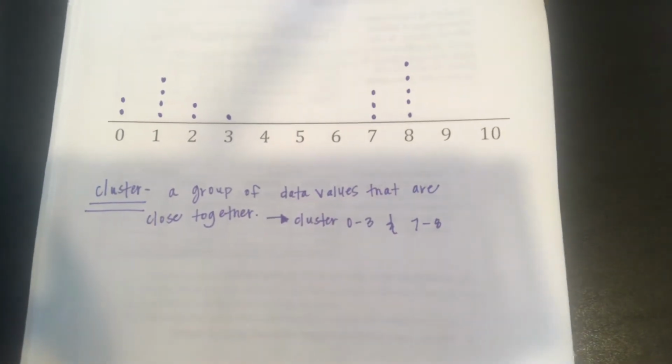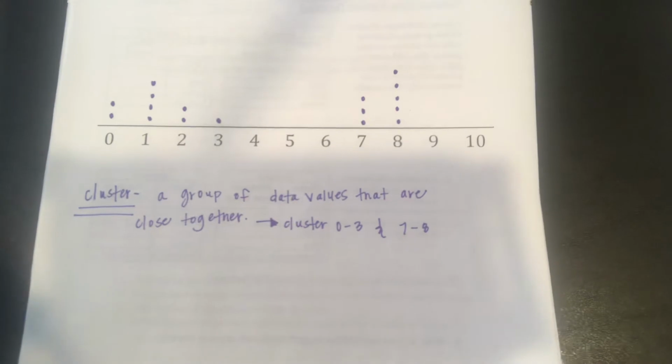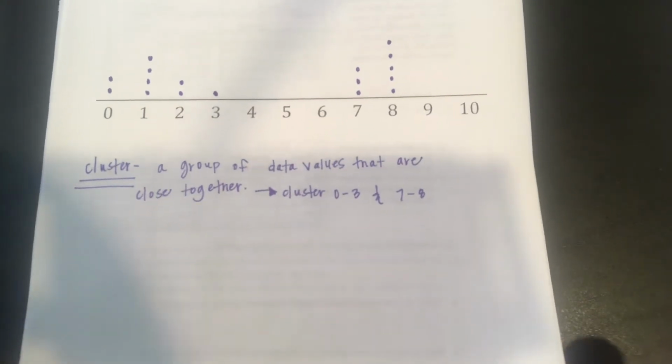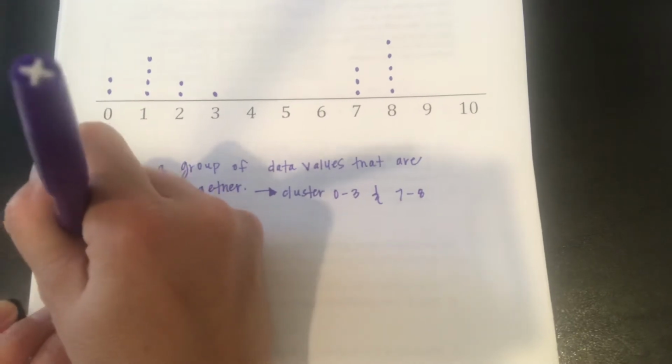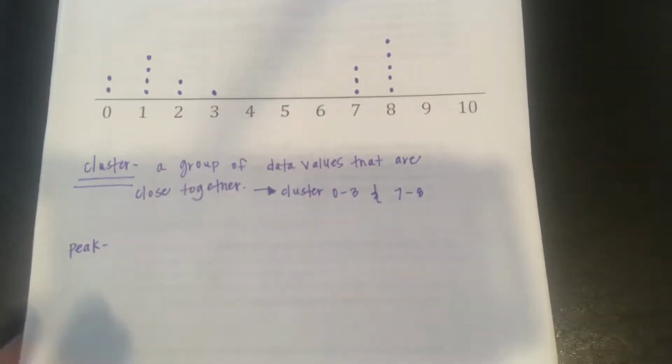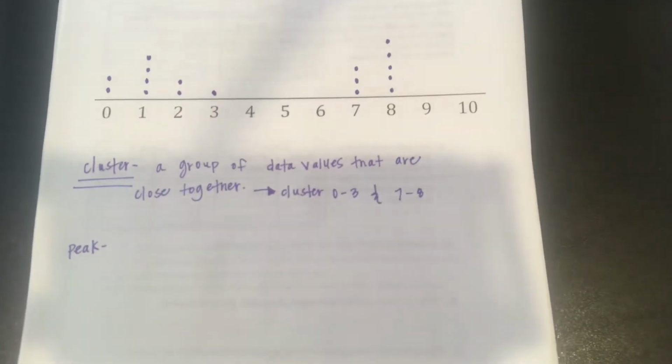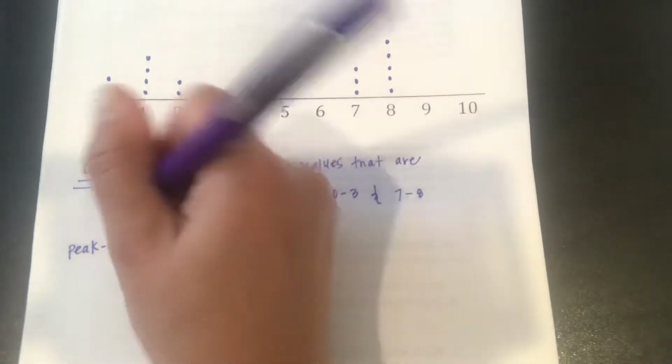We're going to go through and talk about peaks. So I'm going to go ahead and write a peak. A peak is a value that appears most often.